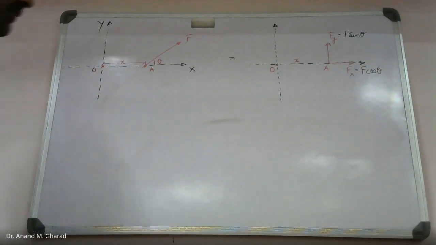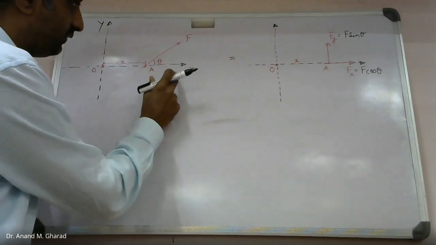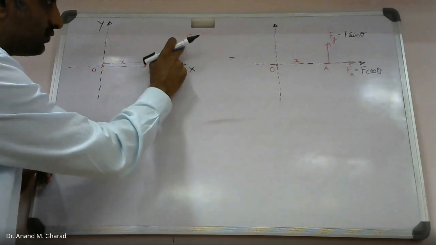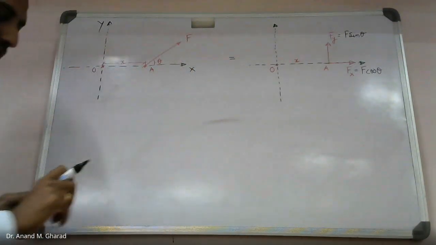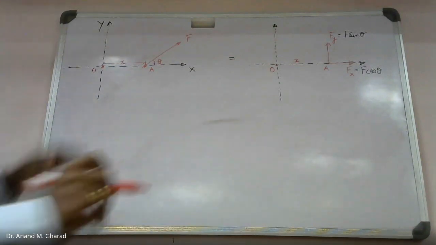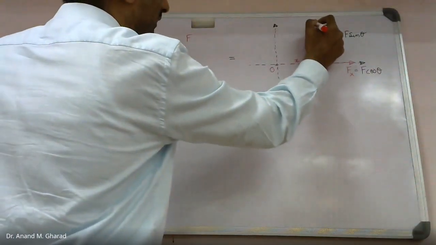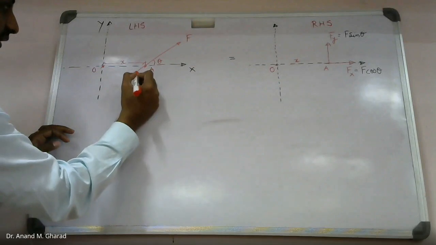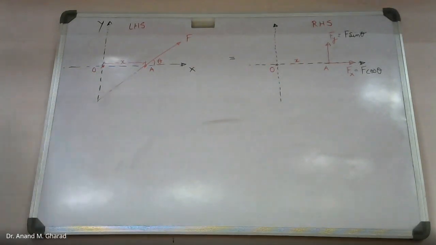Yes. So what I will do, first of all, I will try to identify the moment which will be developed by virtue of this force F using this figure itself. So in order to find out moment for left hand side, this is LHS, this is RHS, I will extend the line of action of force. Do you agree? Yes, sir.